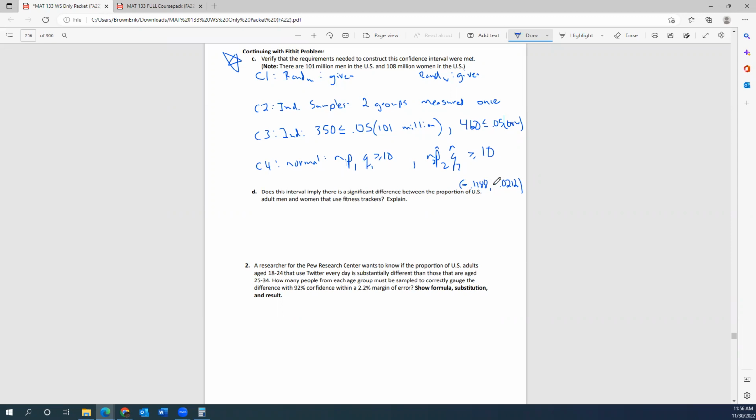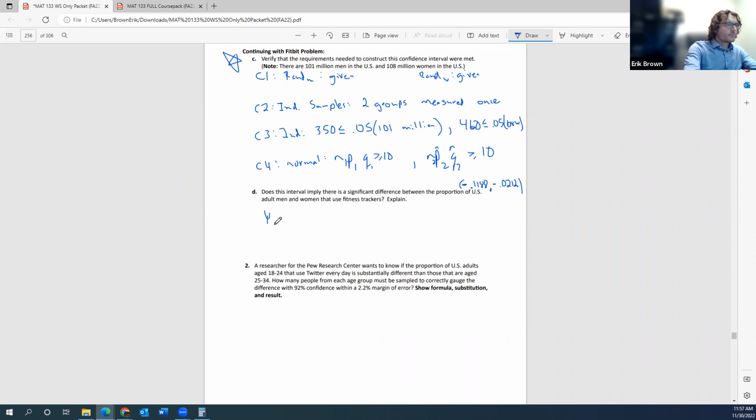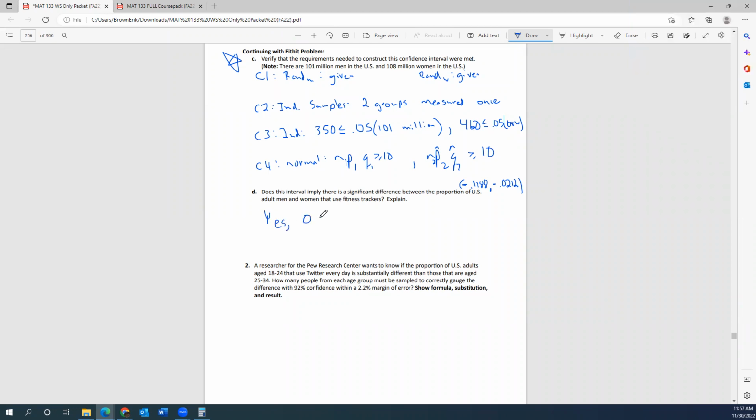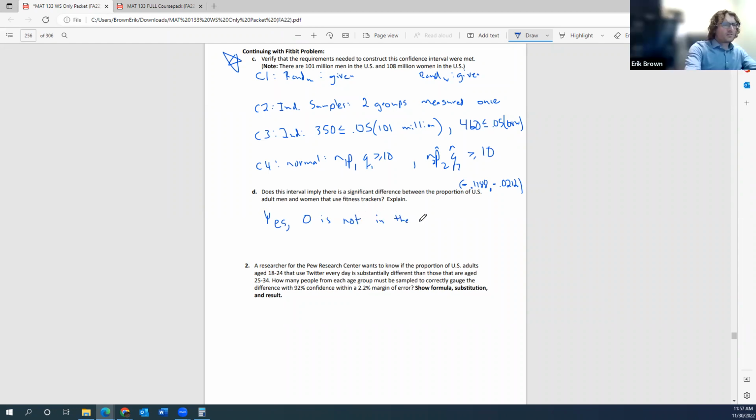If 0 was in there, there would not be a significant difference. Because 0 is not in there, there is a significant difference. So we don't want to have 0 in there. Does that make sense, you all?